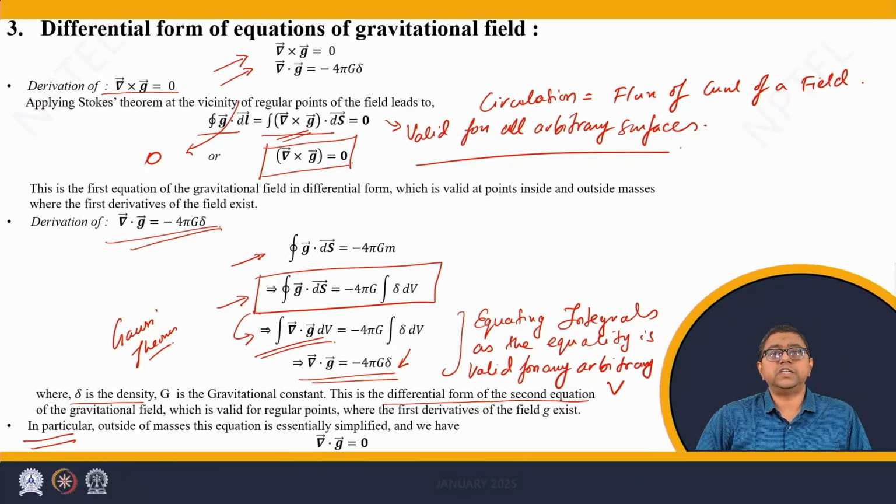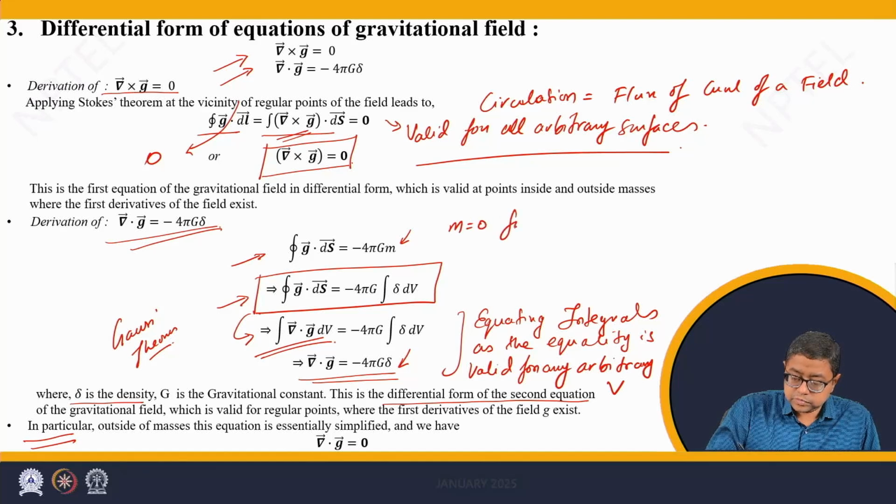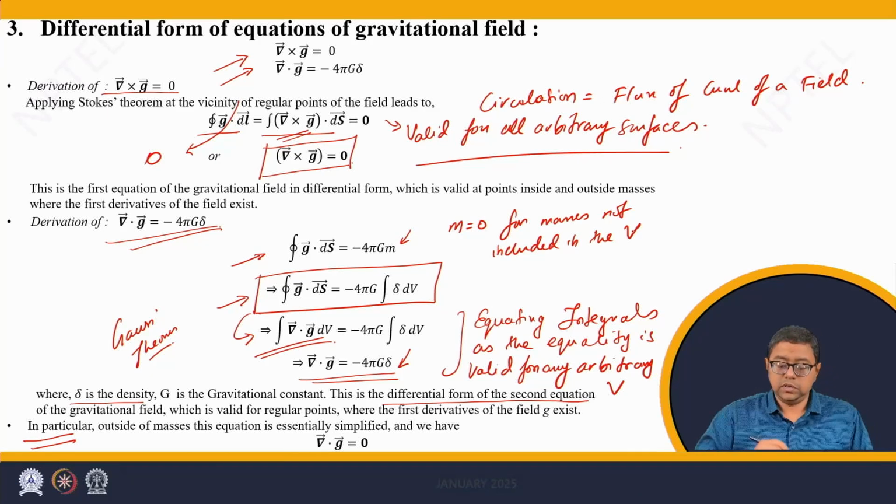Since this expression is valid for delta m, which is located inside the enclosed surface, if the mass is taken out of the enclosed surface, this goes to 0. Thus we have divergence of G equals 0.